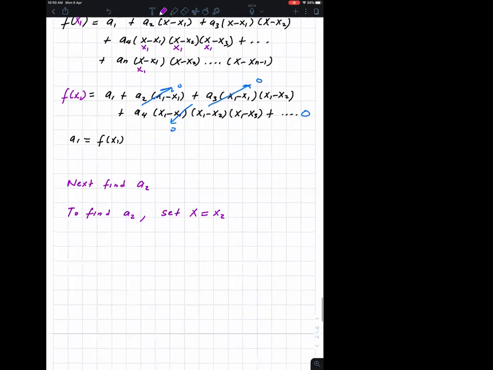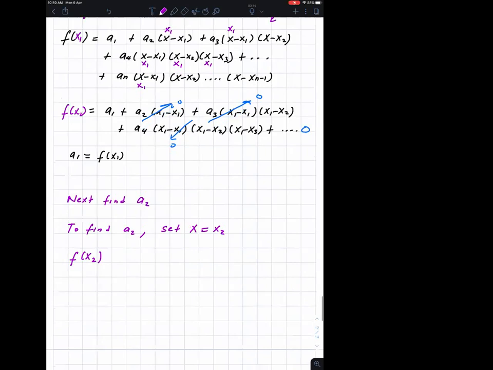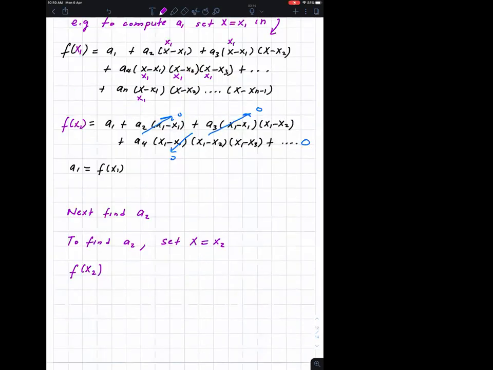Same thing, like what you did above. You go ahead and evaluate fx2. Same as what you did, you're going to now substitute all the x with x2.